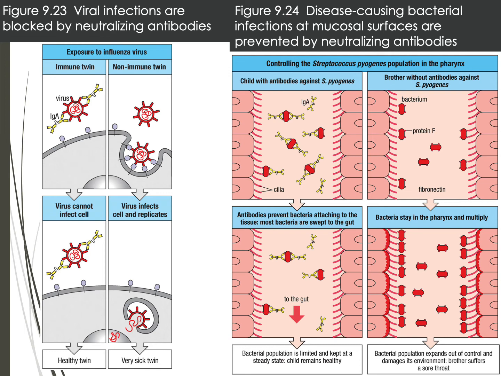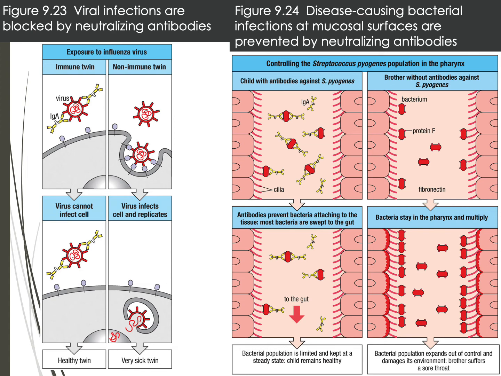Okay. In our other panel, we have bacterial infections. So there's a number of bacteria that produce toxins, and these toxins kill cells and damage these cells, and that's how the bacteria gains an upper hand on the host.